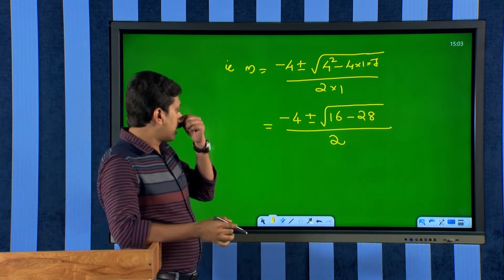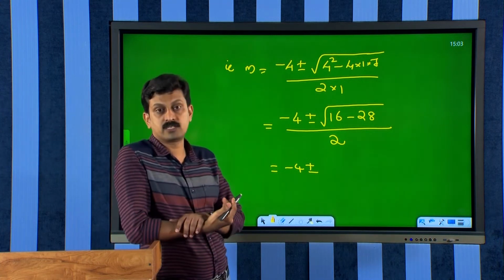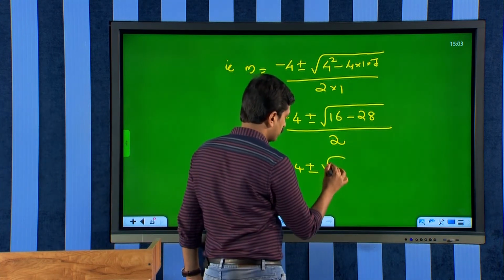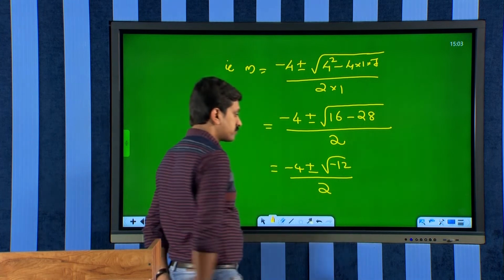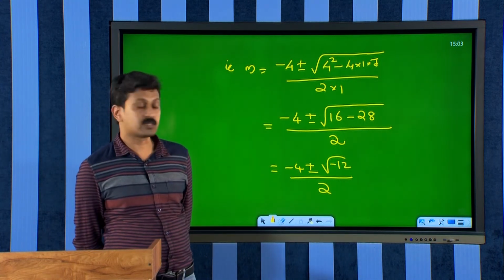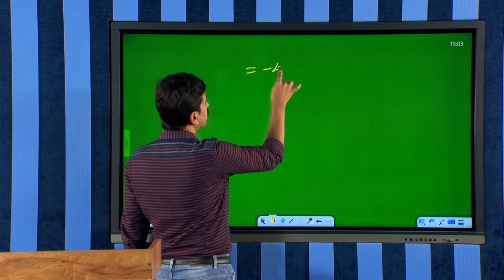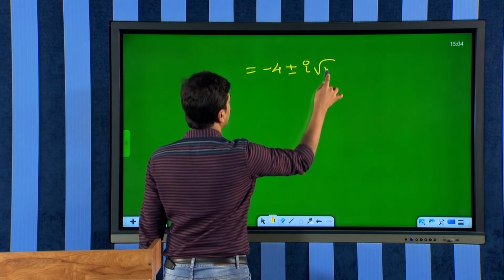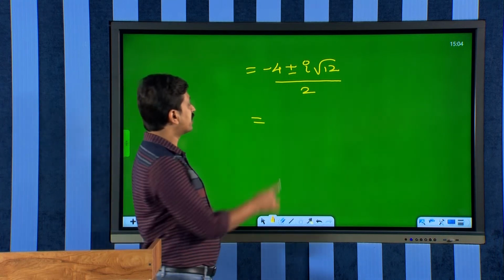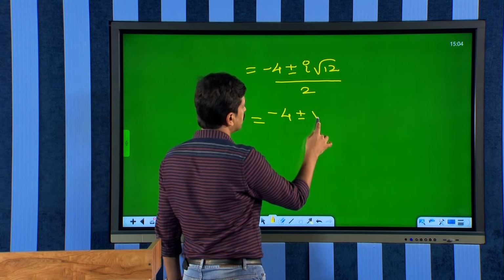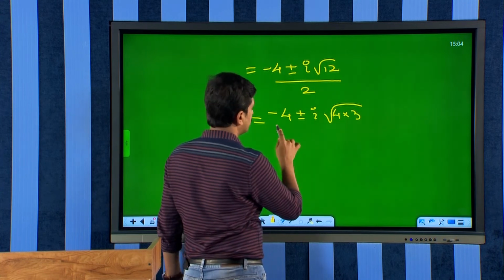That is equal to minus 4 plus or minus root of 16 minus 28, which is minus 12, am I right? Okay, sure, divided by 2. Therefore this is equal to minus 4 plus or minus i root 12 divided by 2, that is minus 4 plus or minus i into root of 4 into 3, which is 12.